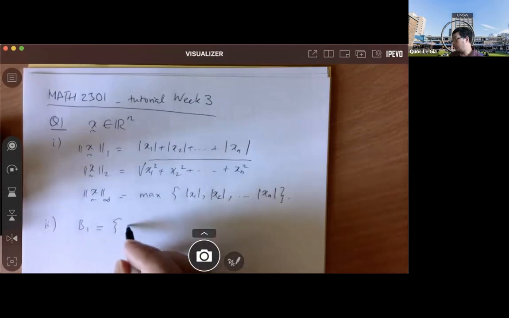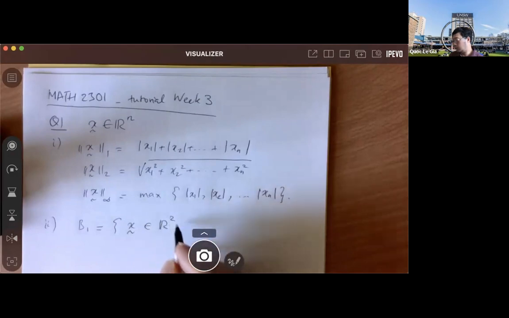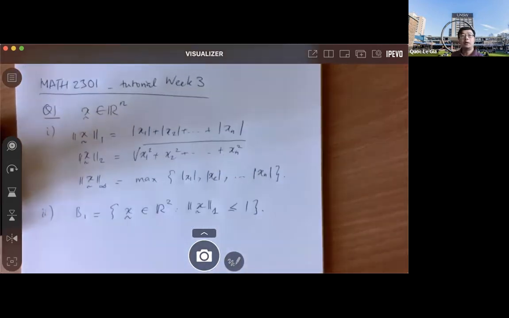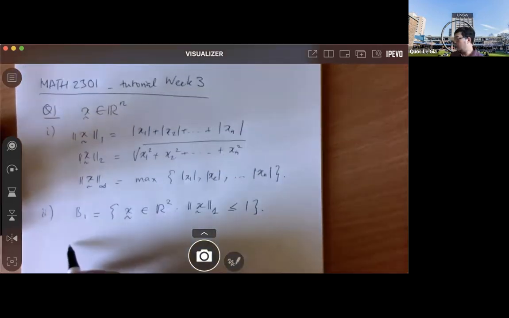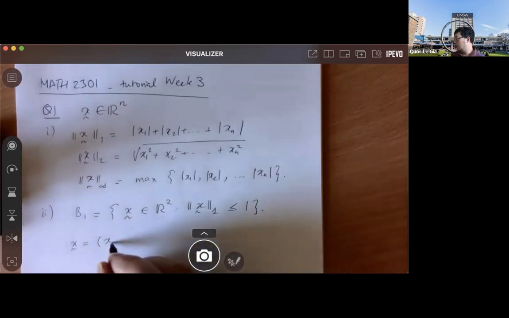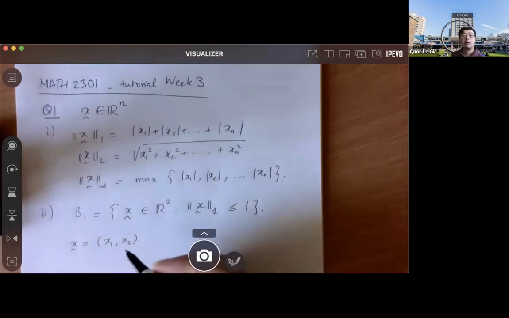Well, this one we can plot only in R2, so maybe just restrict to R2. Okay. And of all elements that have the one norm less than or equal to 1. So how do I plot it? So this one, if I write down, x is a vector of x1, x2, right?